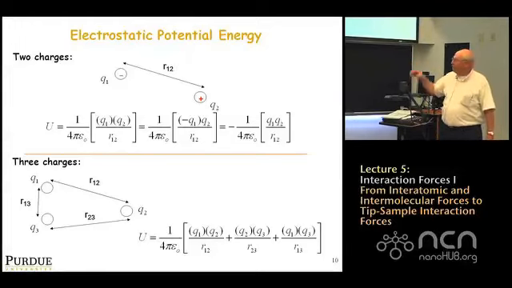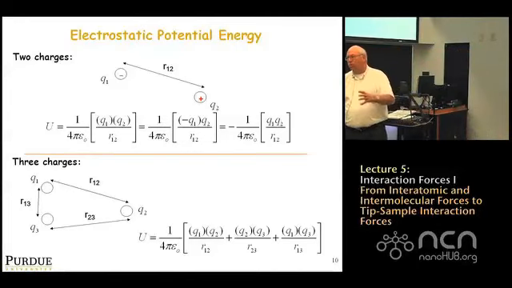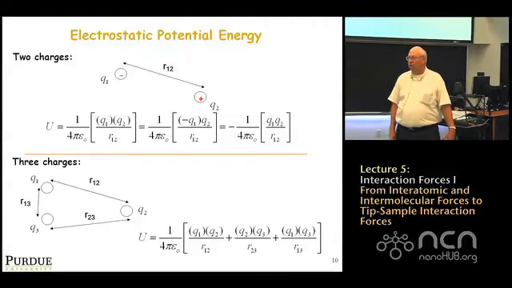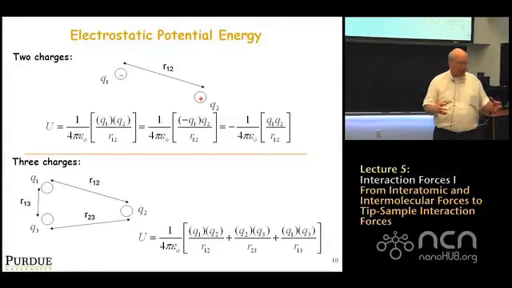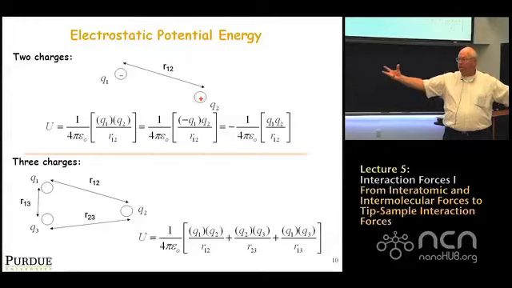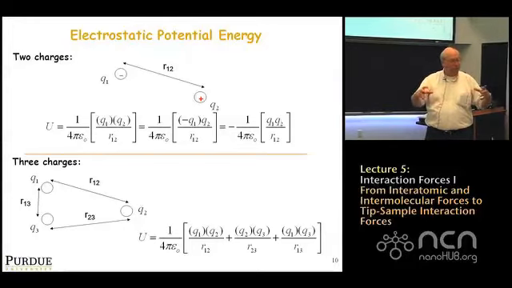If that number U is a positive number, that means you've got to do physical work to assemble that system of charges. If that number U is a negative number, that means that the charges could, in principle, self-assemble. You could leave them at infinity and bring them in, and you'll actually gain energy in the process of assembling the charges.